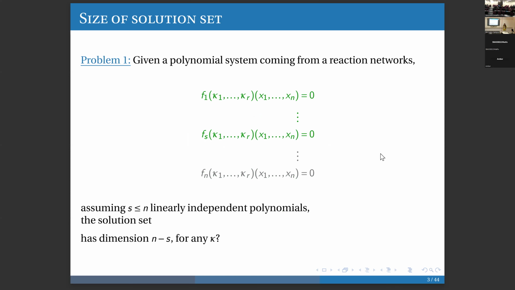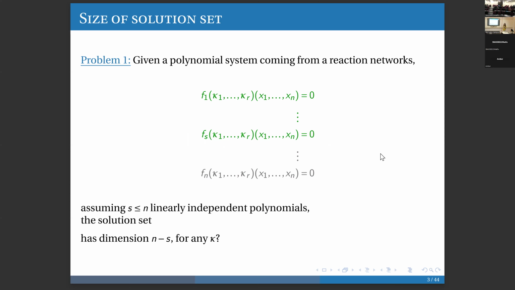Wait, Beatriz, do you mean algebraically independent? No, I mean linearly independent. Just linear? Because this is what I'm removing. If you remember, I remove rows of the stoichiometric matrix. So this gives linear independence. Of course, I don't know if they are algebraically independent. But there are the parameters playing a role, right? So it's a kind of special situation.